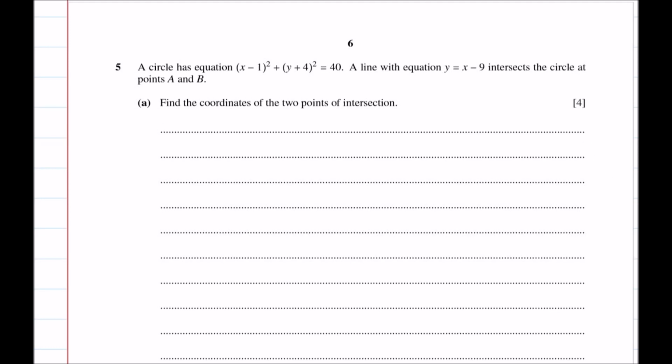So, if you have a circle here and one line is there which is intersecting at A and B. Okay, so this is A and B. Now we have to find the coordinates of A and B, right?